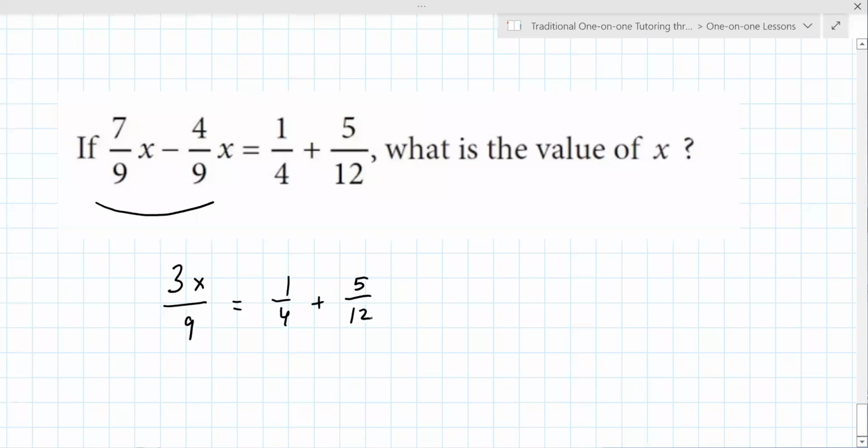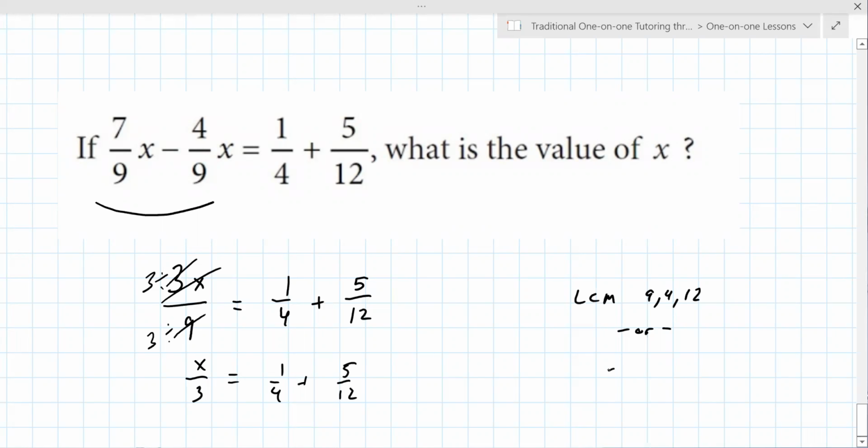Now, what you could do is find the least common multiple of 9, 4, and 12, or you can reduce here. So 3 divides 3 and 9 divides by 3. And then you have a little bit better least common multiple to figure out here.